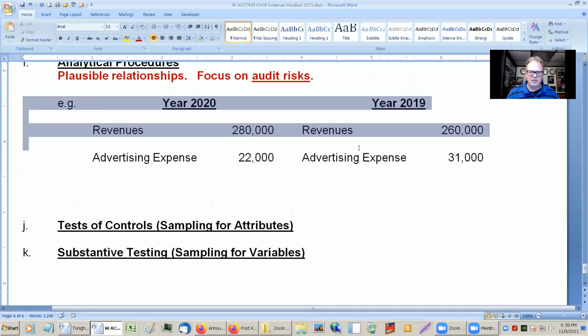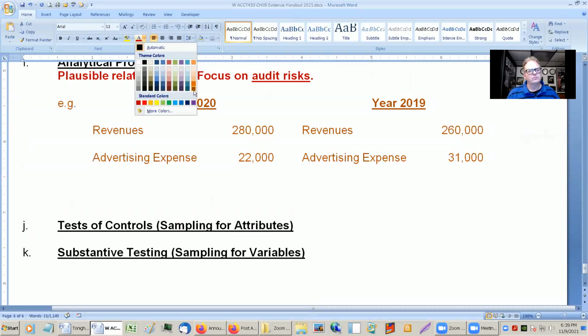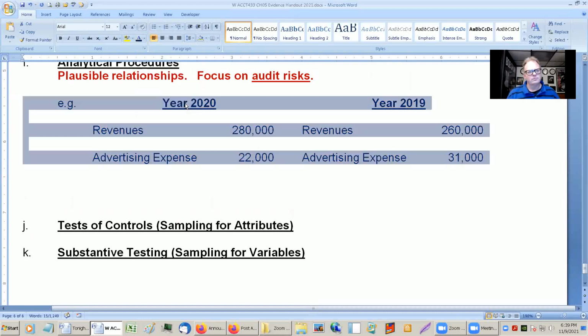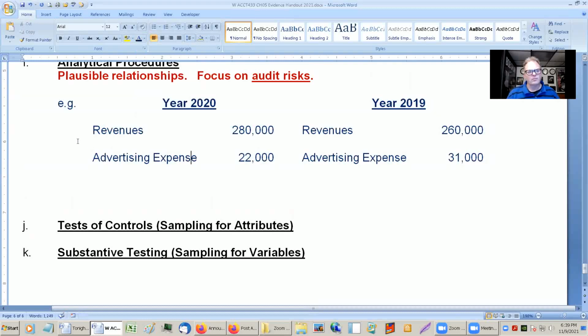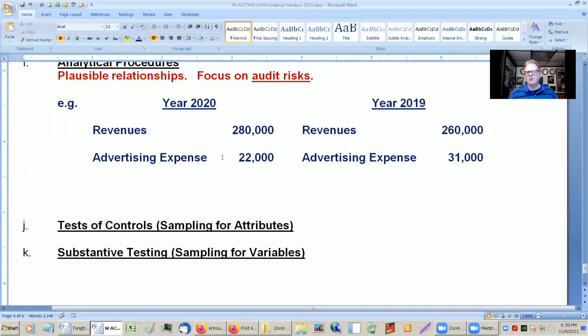What's unusual about this data? The revenue doesn't go with the expenses. You realize that in 2020, the revenue was 180,000, but the advertising expense was 22.